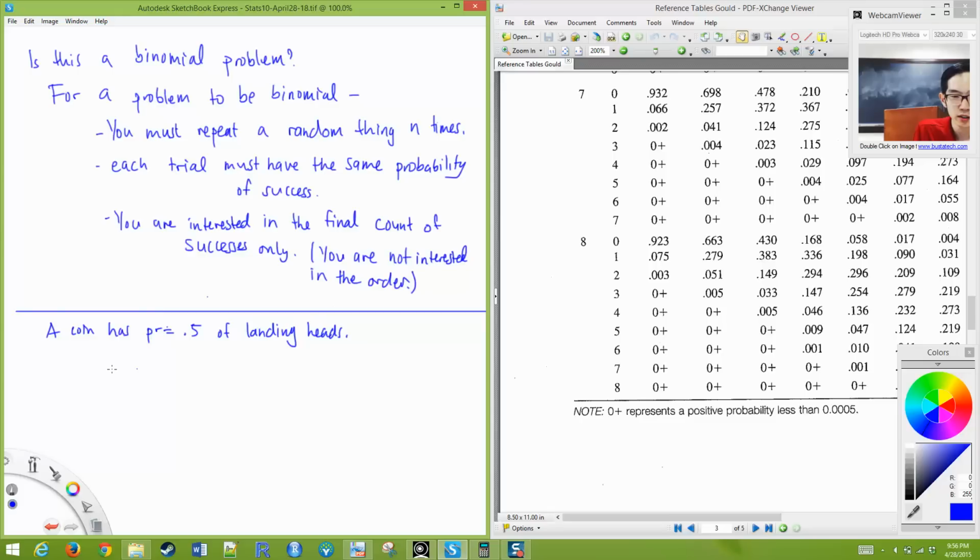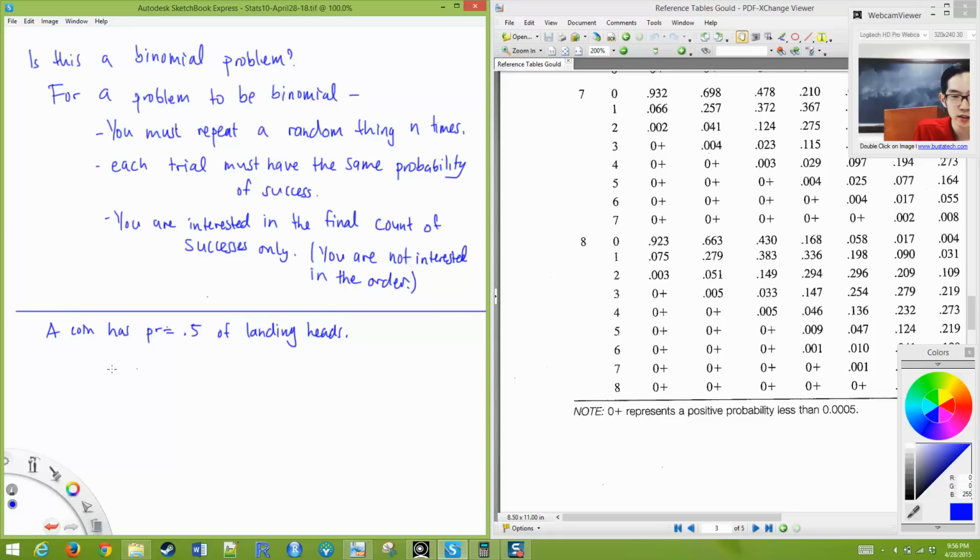What do we do here? We are not interested in order. This is not a binomial problem, okay? This is not binomial. Why? Because this question says we want to know if we got heads on the first flip.